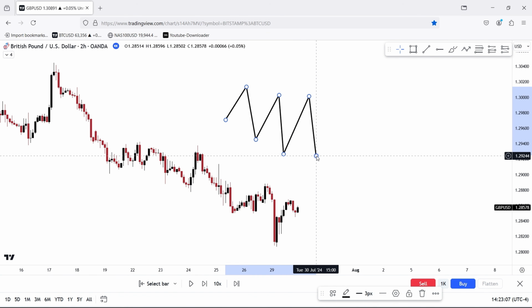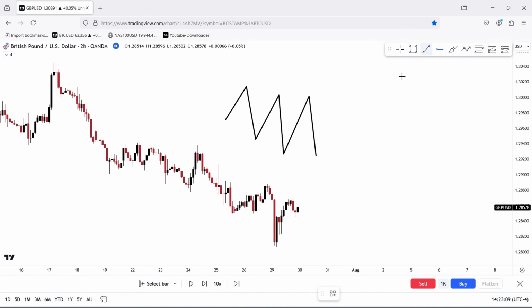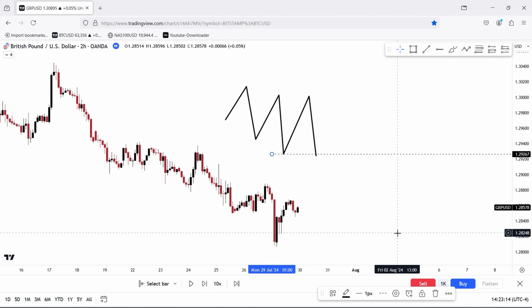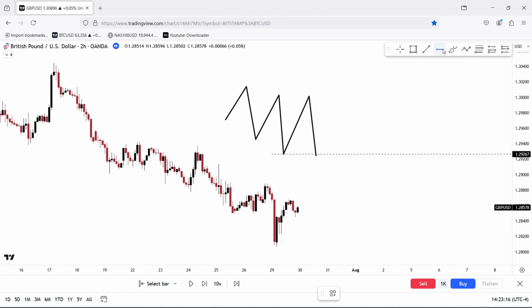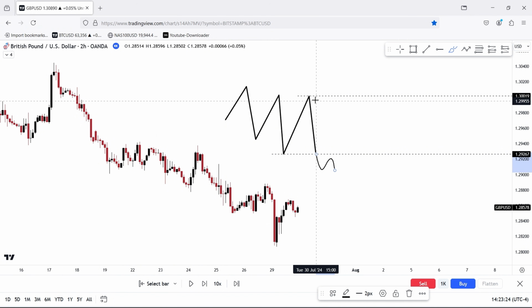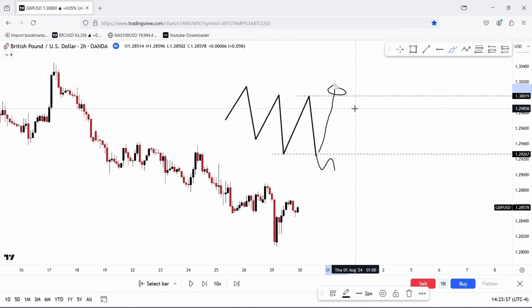If you're looking for a break of your swing low, which is your bearish side, probabilities would say you're more than likely to get a liquidity run. Why? Because it's a bearish trend and you're more than likely going to continue the trend to the downside. Now, if you're targeting your swing high right here, the probability is either price completely changes character or price goes for a sweep. So the probability here would be a sweep.